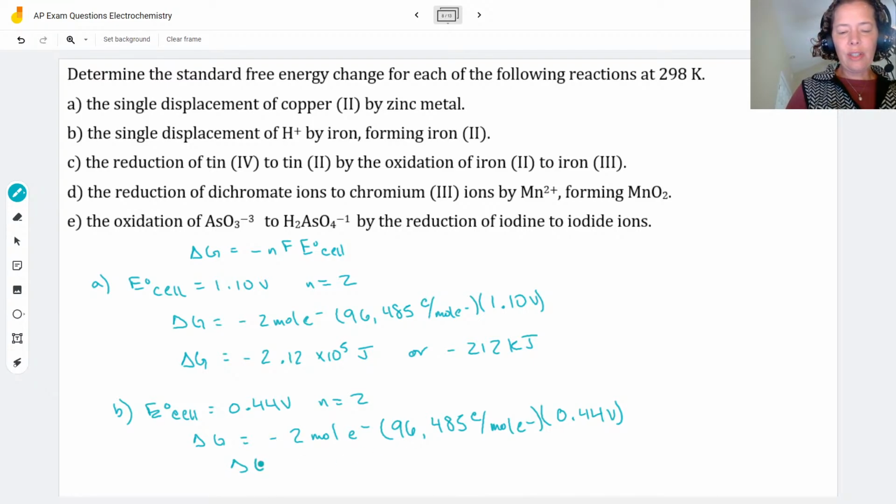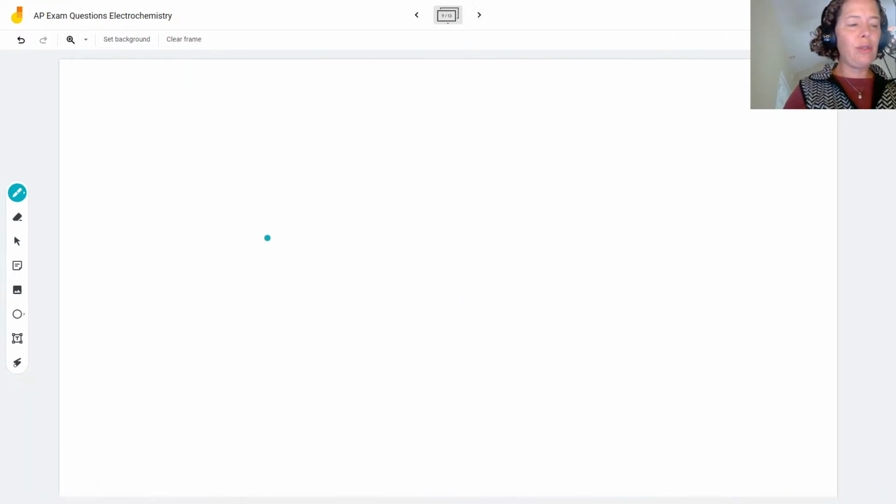And we get a delta G of negative 8.49 times 10 to the fourth joules, or negative 84.9 kilojoules. Again, whichever way you want to go with it. Okay, so on to our next one.